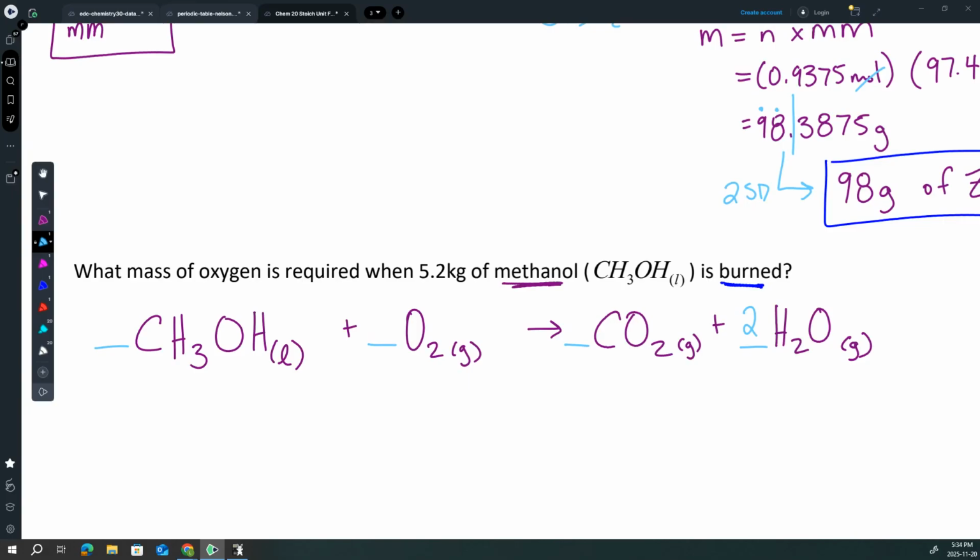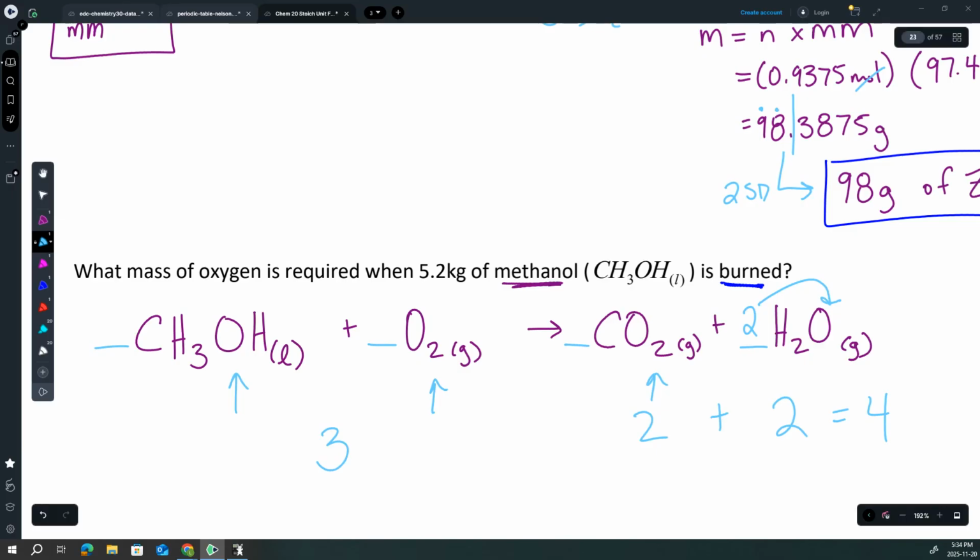For oxygen, we have 3 on our reactant side, and we have 2 plus 2 coming here, so we got 4 on our product side. Okay, so what we need to do to make our lives easy here is, since there's only a difference of 1 between the amount of oxygens on the reactant side and the product side, I want to increase methanol just by 1.